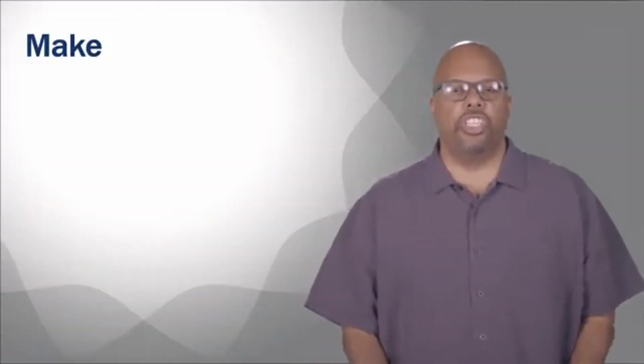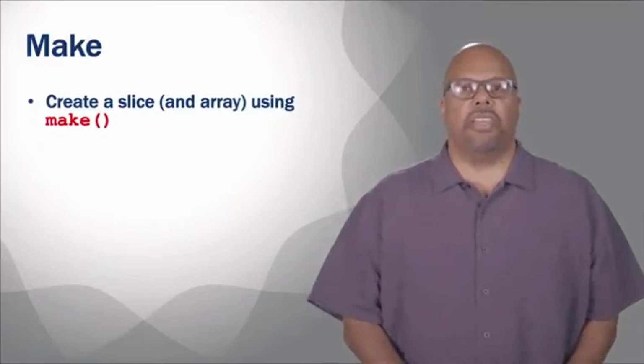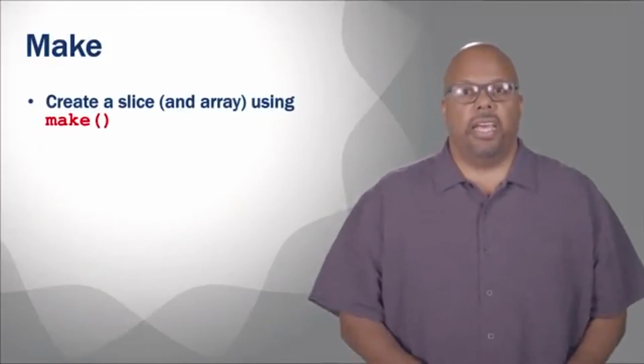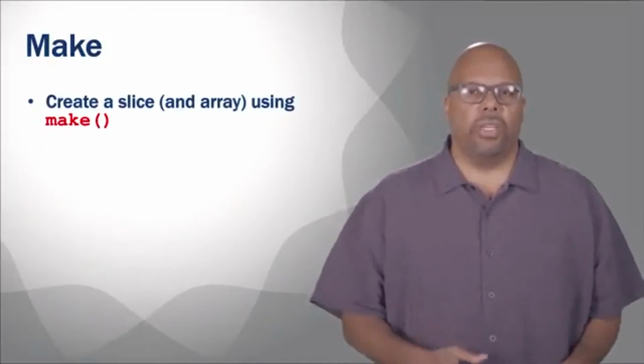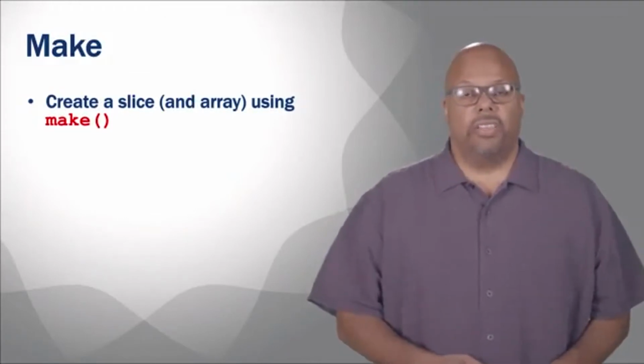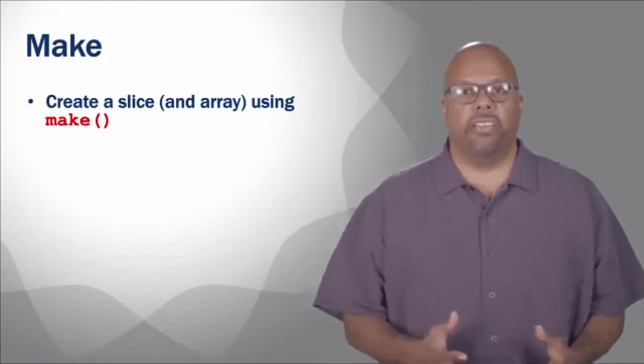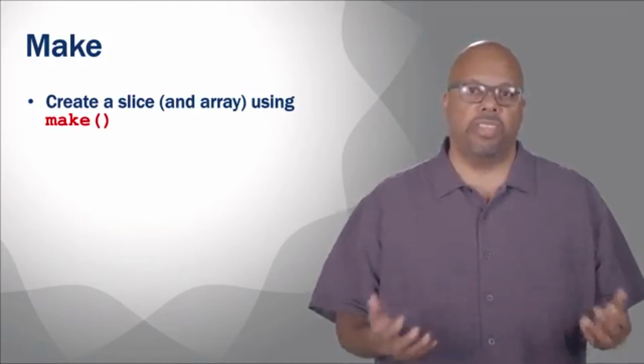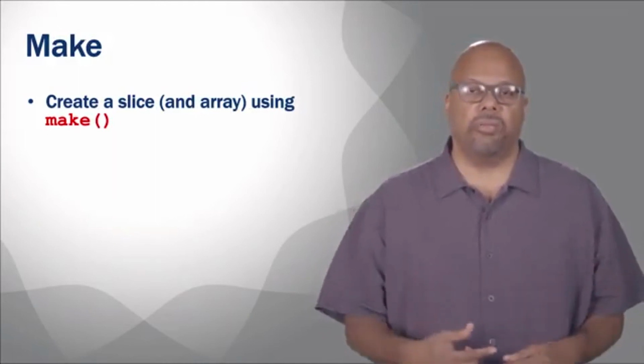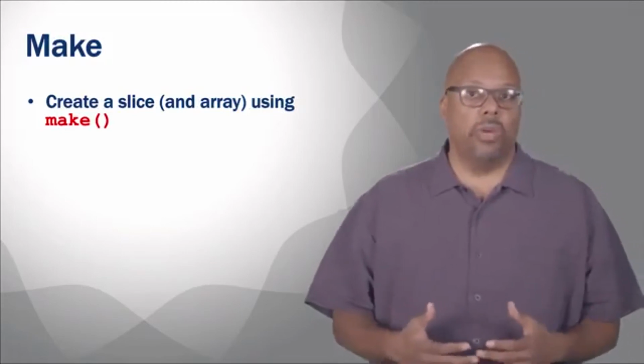So there's a function called make that can be used to make slices. And you can make other things with it too, but right now we're going to talk about making slices. The first way we talked about making a slice was just to make the underlying array and then make the slice after it. Also, you can initialize the slice directly with a slice literal. We talked about that.